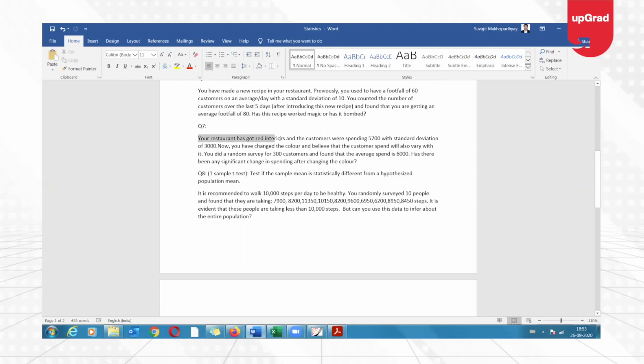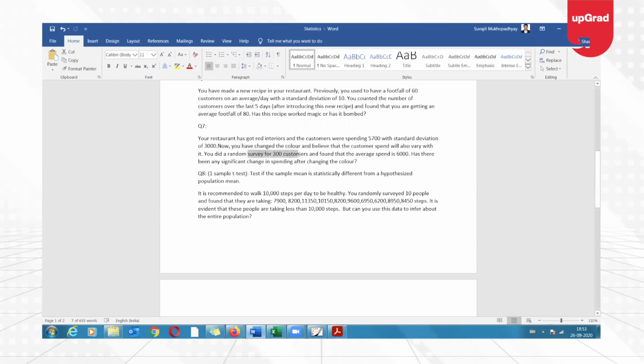Your restaurant has red interiors and the customers were spending before 5,700 with a standard deviation of 3,000. Fair enough. Now you have changed the color, from red to probably green or blue, whatever. Now you believe that the customer spend will also vary with it.